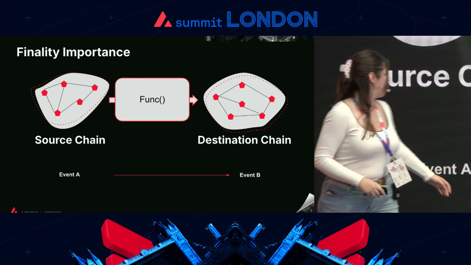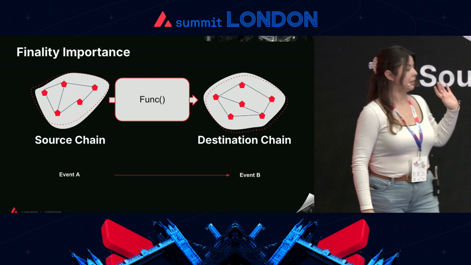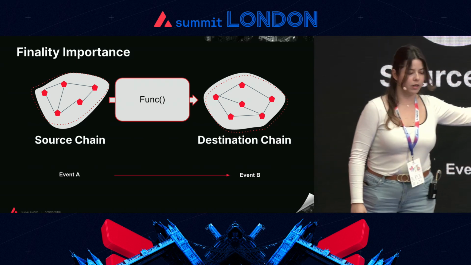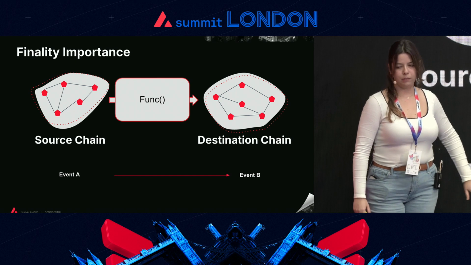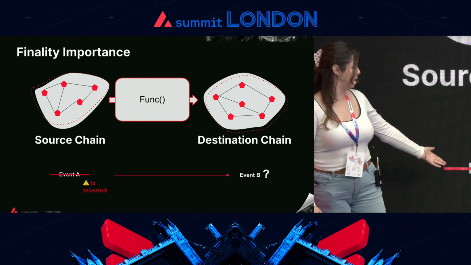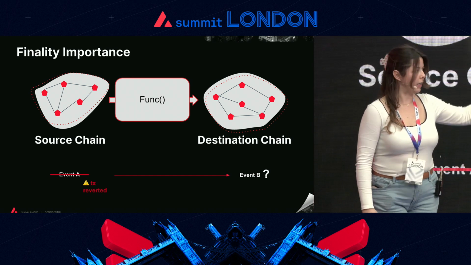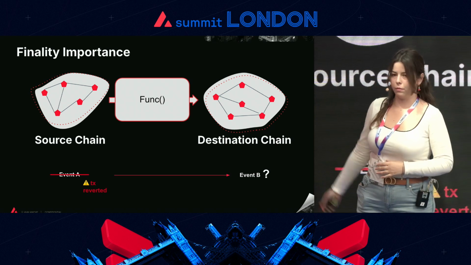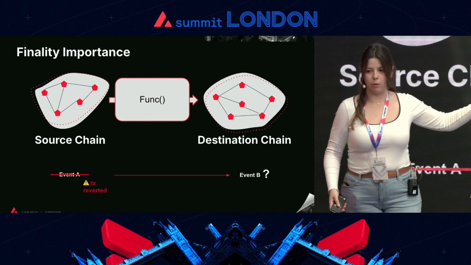It's because whenever we have an event, let's call it event A, and that triggers an event B in another chain via this message, we need to make sure that event A is set forever. Because if not, if event A gets reverted, what will happen with event B? Who tells chain B, hey, you know what, that never happened. The king never left our town, and you know what will happen? The gates are already open.